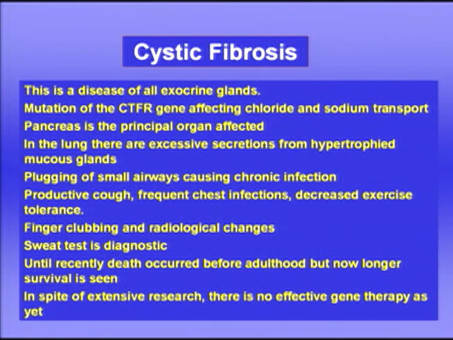You would hope, and everybody has, that now that the gene has been identified and a good deal is known about the genetic change, that there would be an effective gene therapy, but regrettably that has not happened as yet, but hopefully in the not too distant future we will see that happening. So that's all I'm going to be saying about these environmental and other diseases.